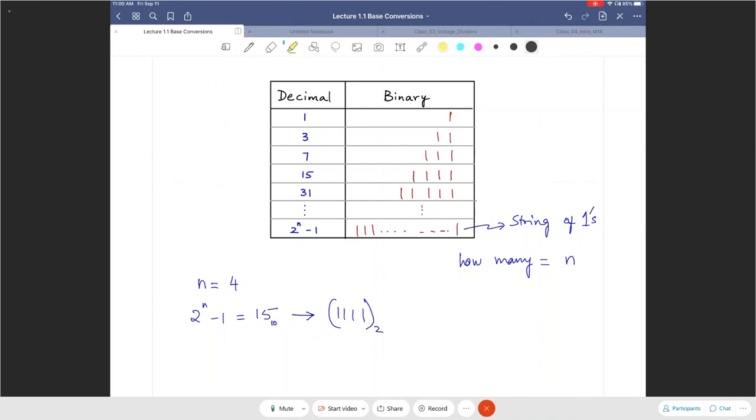How many ones? n. We did this exercise last class. We started with 1, 3, 7, 15, and so on, and we saw that all those numbers in decimal will always be a string of ones: 1 one, 2 ones, 3 ones, 4 ones, and so on up to n ones. So 2^n minus 1 will always be a string of ones.